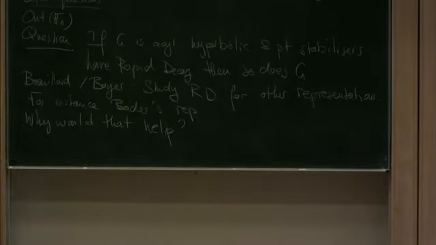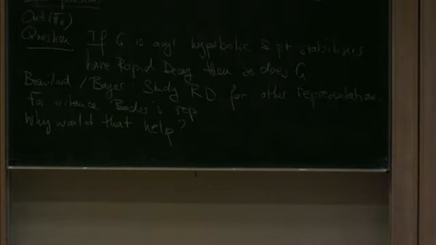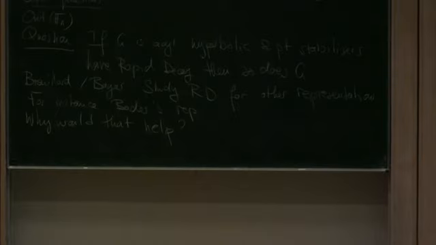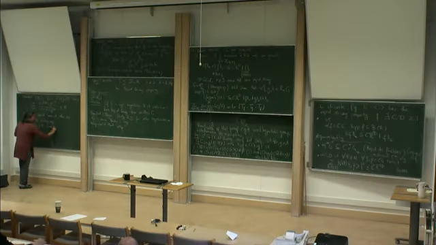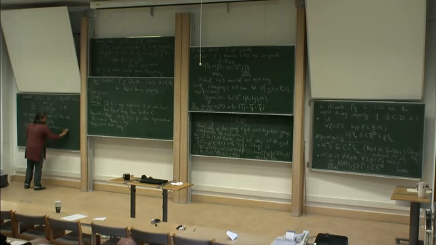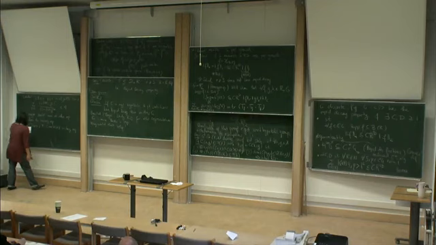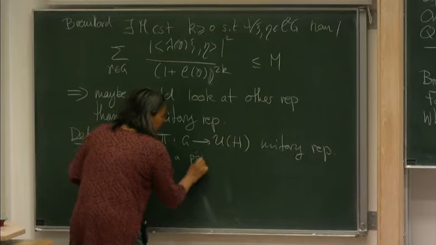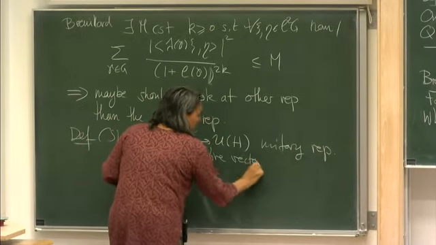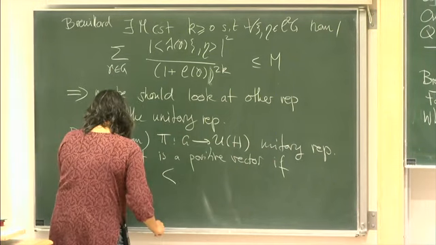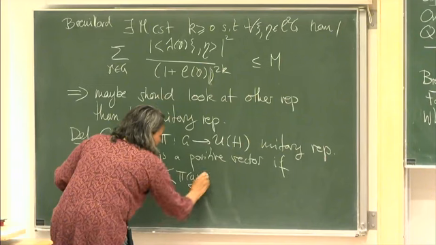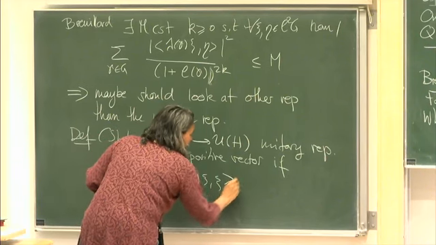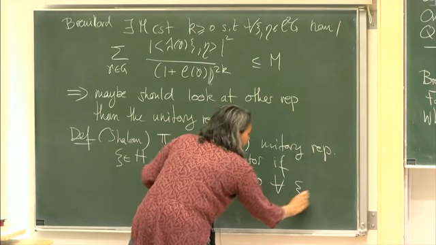For the following reason, there is a definition due to Shalom: if you have pi, a unitary representation, and xi in H is a positive vector, if this thing is greater than 0 for all xi in H.